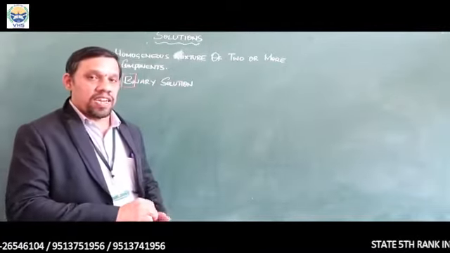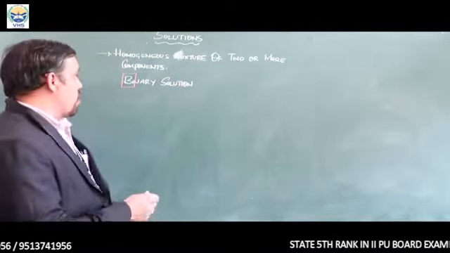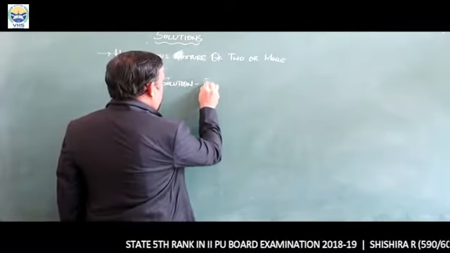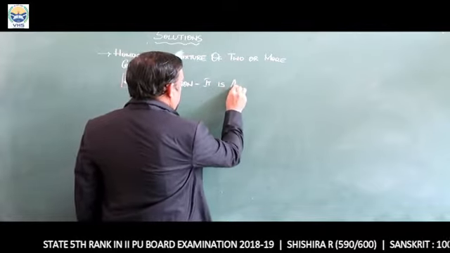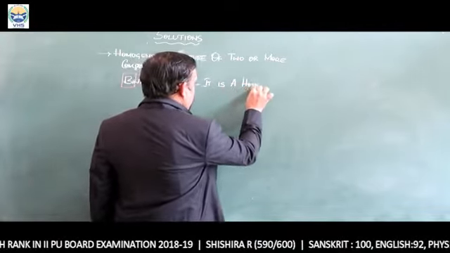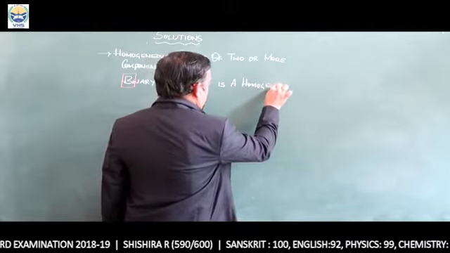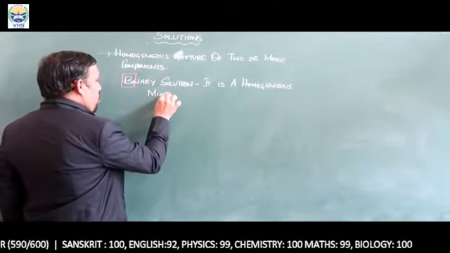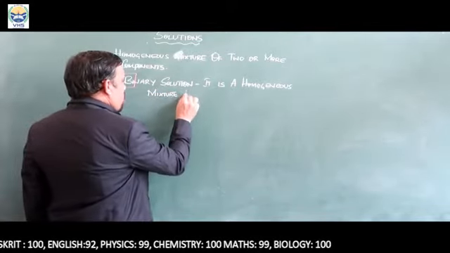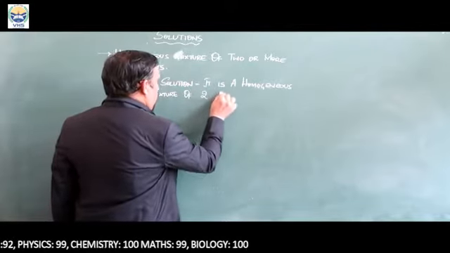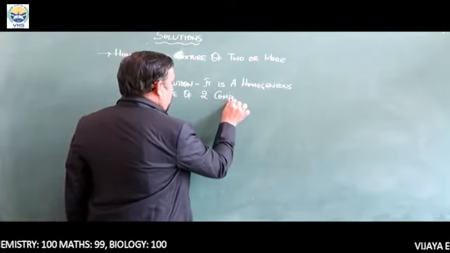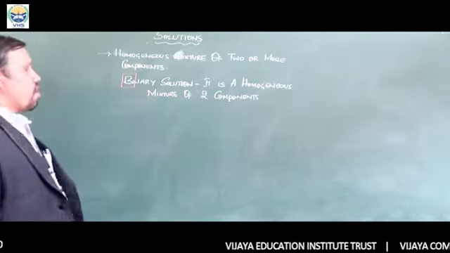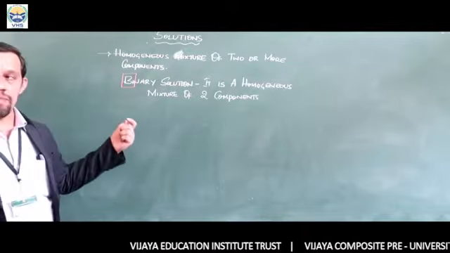What does bi indicate? Bi indicates two. What is a binary solution? It is a homogeneous mixture of two components. A homogeneous mixture of two components is called a binary solution.